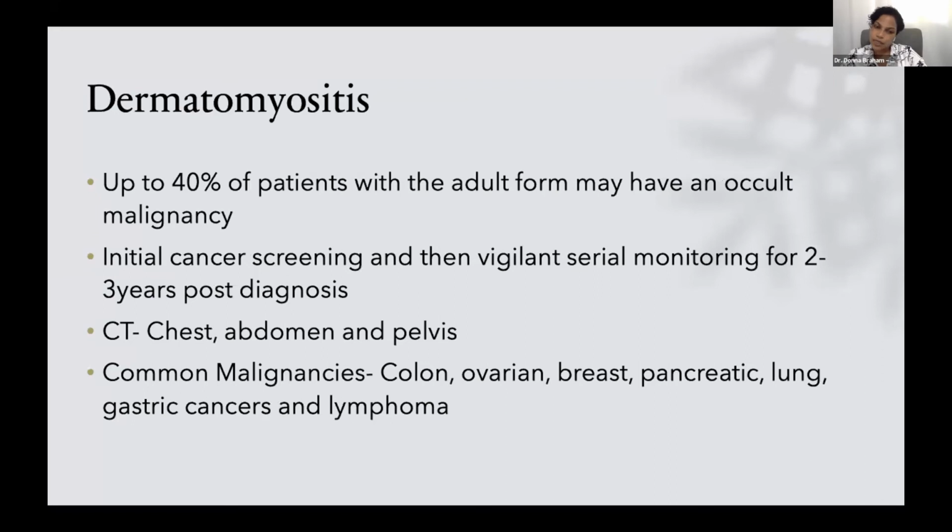So a thorough history should be taken to see whether there are any symptoms suggestive of malignancy anywhere, and patients should have a CT chest, abdomen, and pelvis. The common malignancies that may occur are colon, ovarian, breast, pancreatic, lung, gastric cancers, and lymphoma.